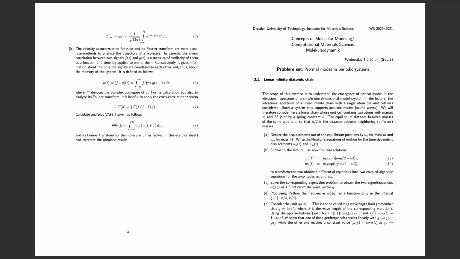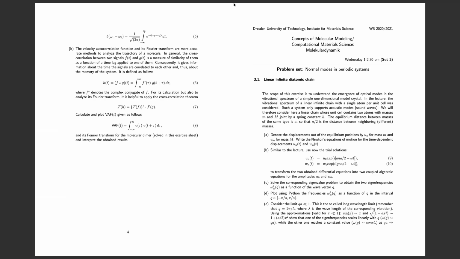This is the definition in probability theory, and we want to apply these correlation functions to the velocity, which we have already solved from exercise 2.1 for the molecular dimer in the interpretable result. So what we want to do is calculate the velocity autocorrelation function for the molecular dimer.